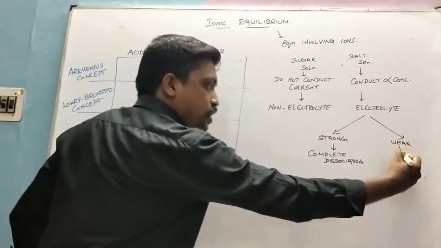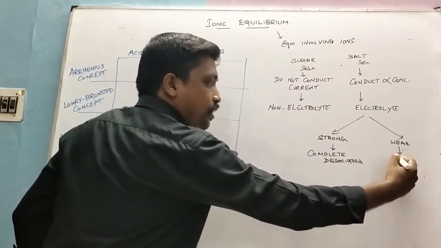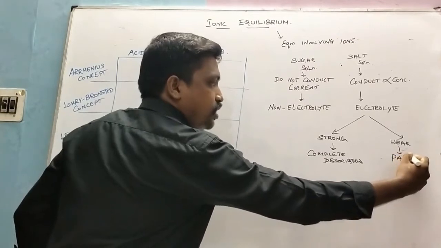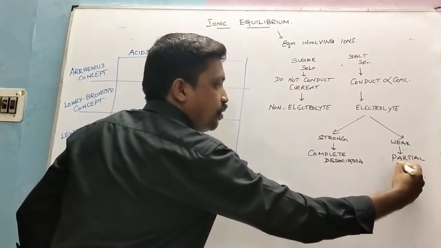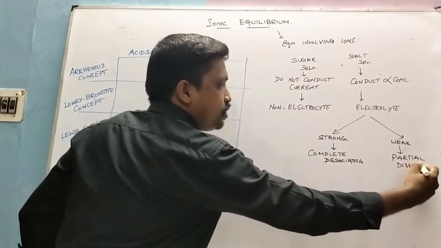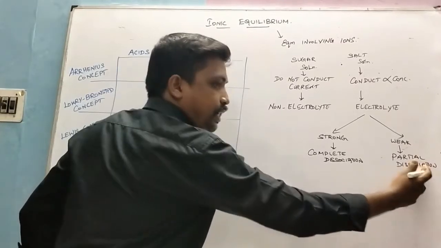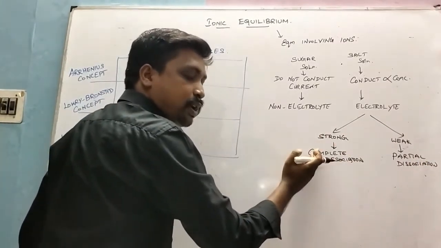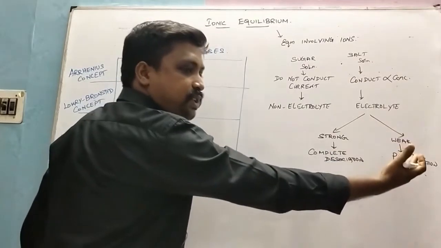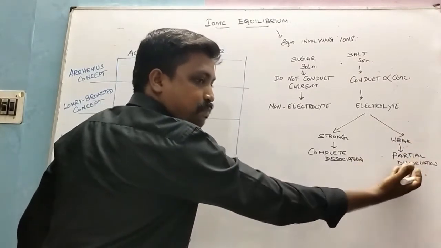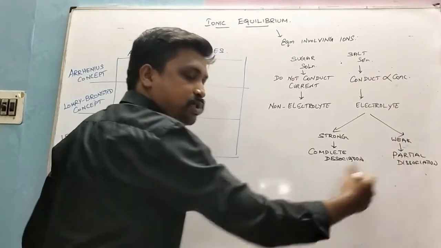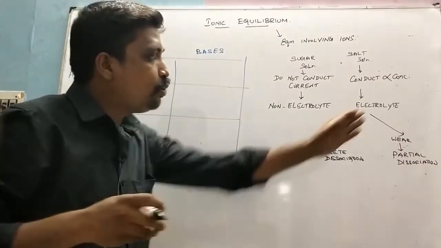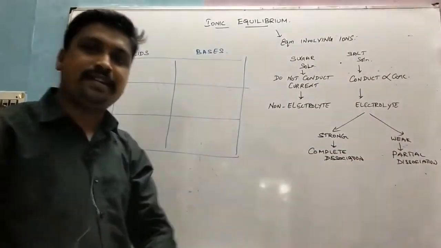Other solutions show partial dissociation. For the same 1 molar solution of some other salt, the conductivity is less because of the partial dissociation of the ions. He named those electrolytes weak electrolytes. Okay, clear?